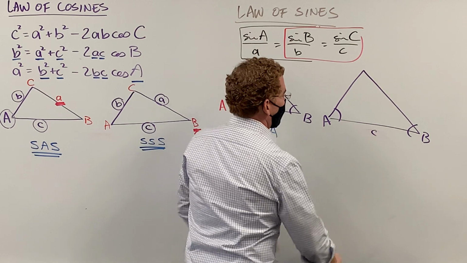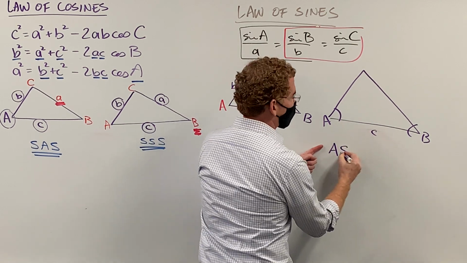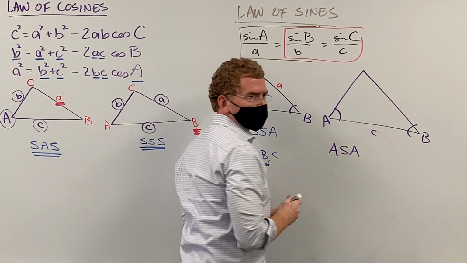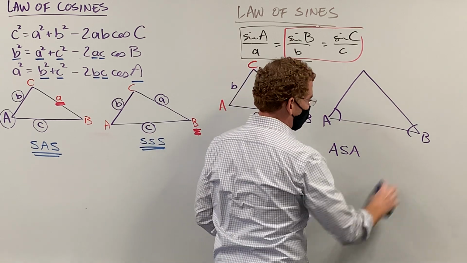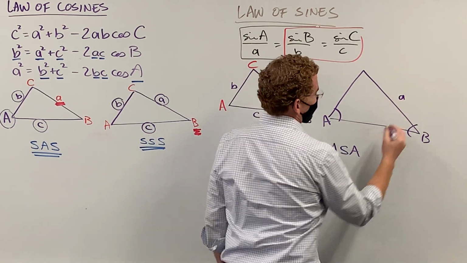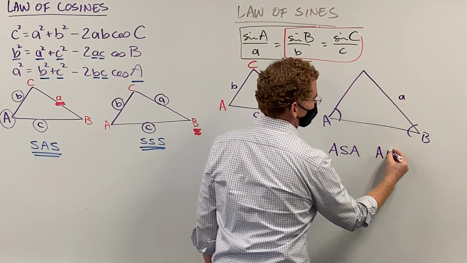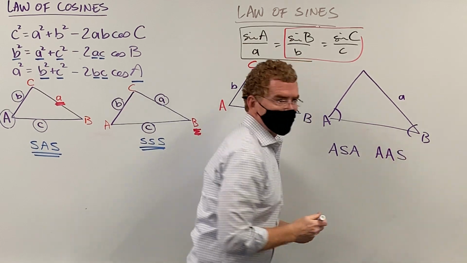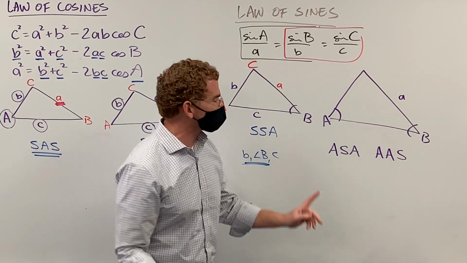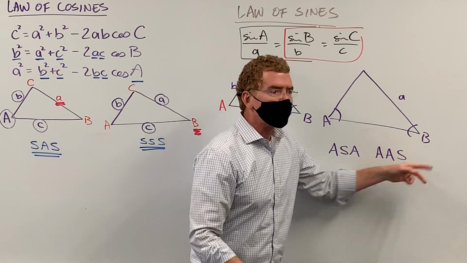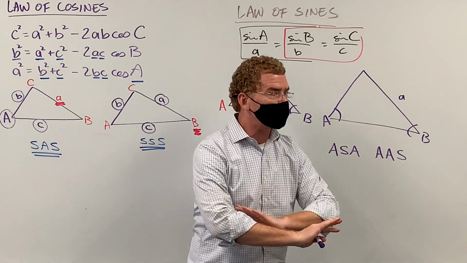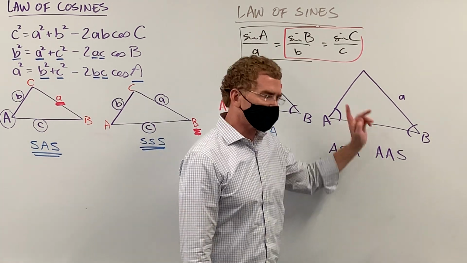This would be angle connected to side connected to angle. But it really doesn't matter whether it's that or maybe this, which would be angle connected to side. It doesn't really matter because if I know two angles, what can I always find without trig? The third.